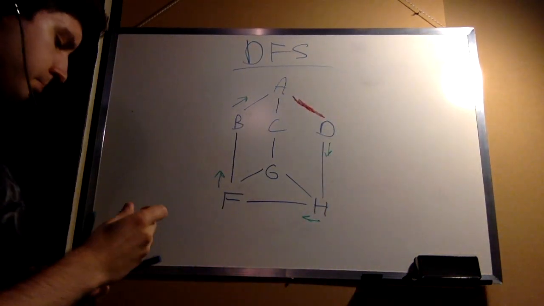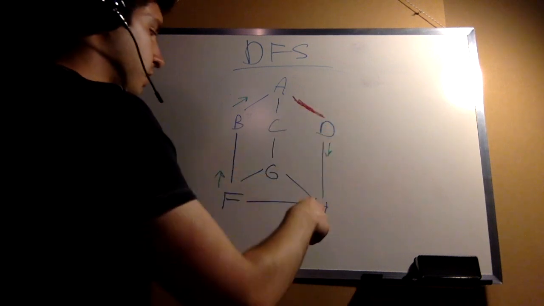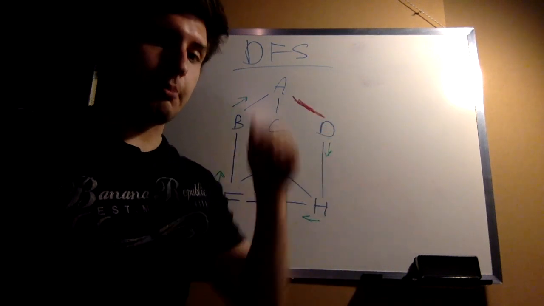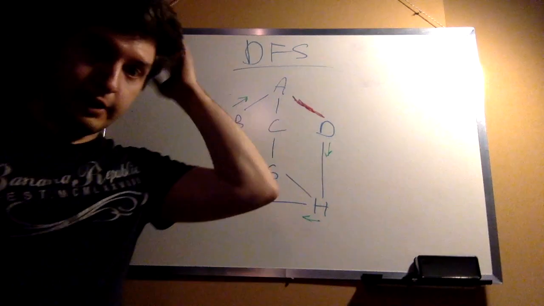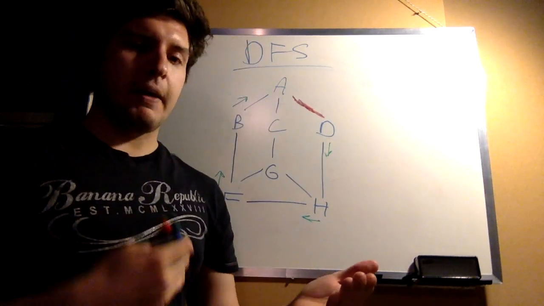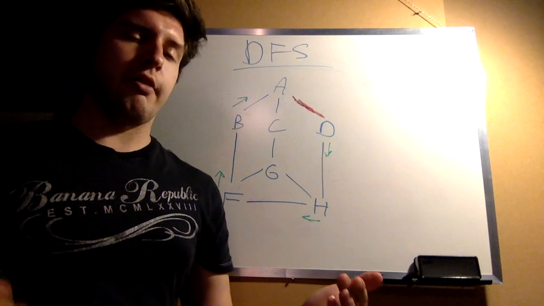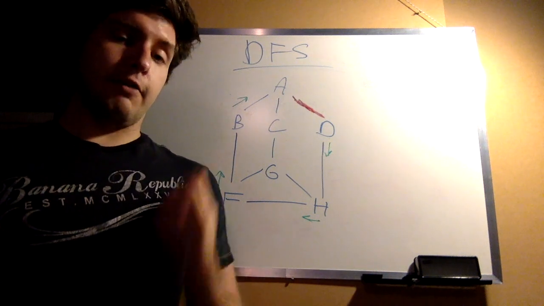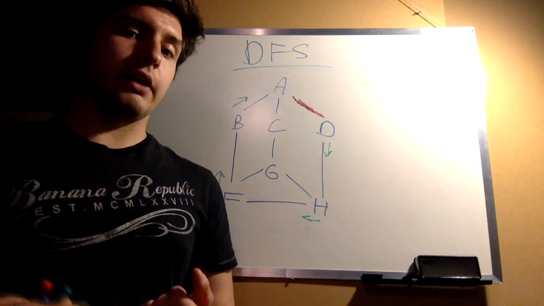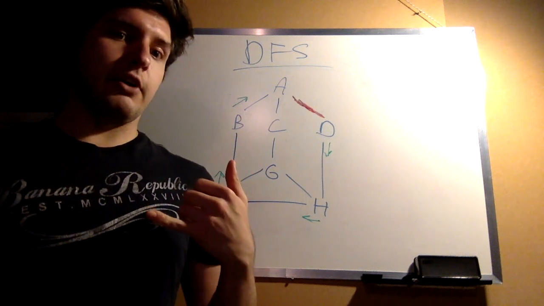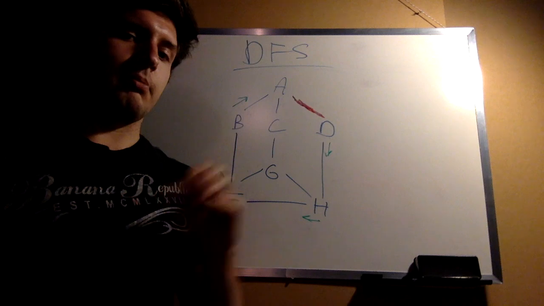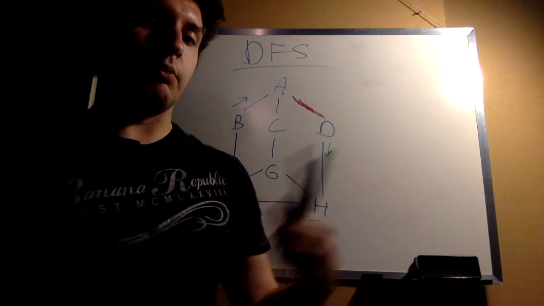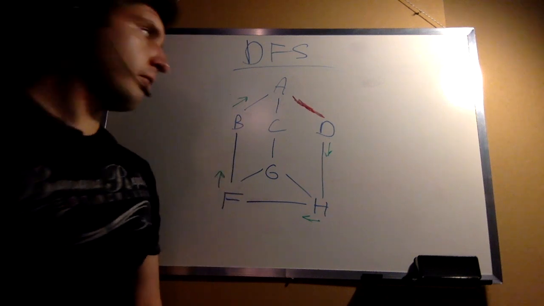Remember our algorithm for DFS was the parent of the parent whenever we encounter a back edge. So the vertex that we're coming from, we check its parent, and then that vertex's parent. If there is a cycle of length 3, then that grandparent of the vertex we're coming from should be the vertex that we are arriving at via the back edge.